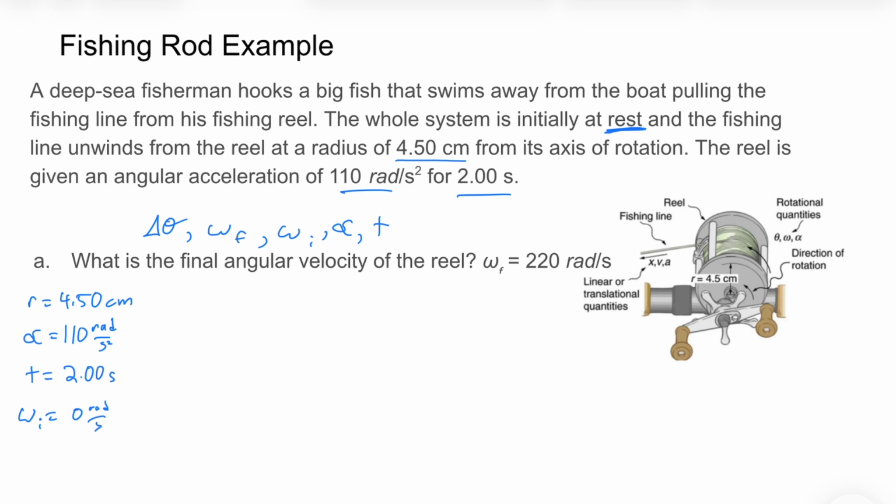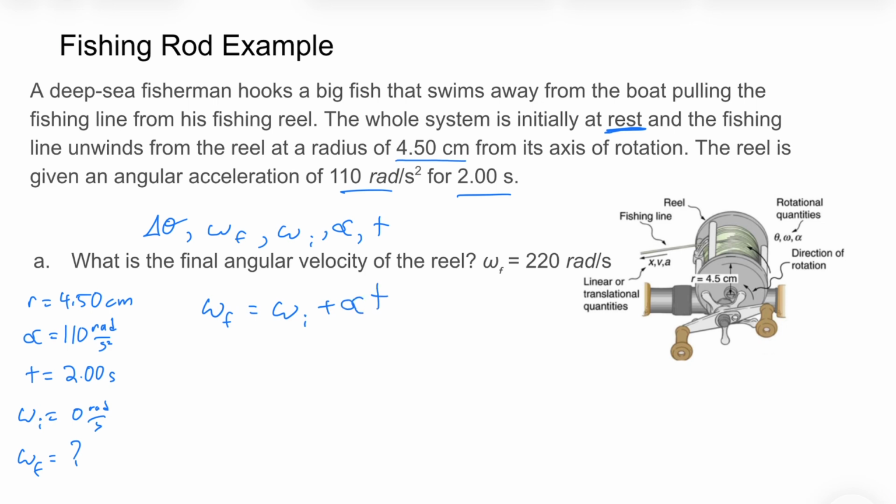So we've got three variables and we are trying to find a final angular velocity. Given those variables, we have an equation that relates them. And that equation is that our final angular velocity equals our initial angular velocity plus our angular acceleration times time.